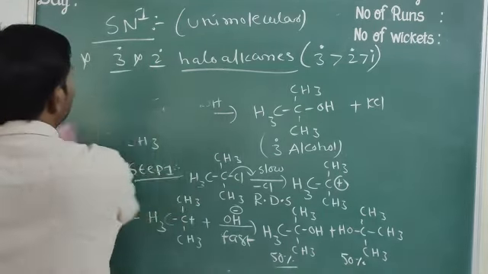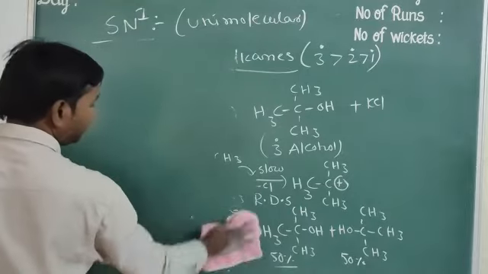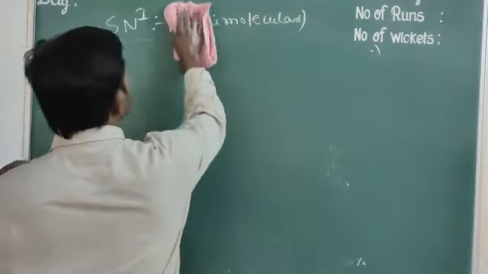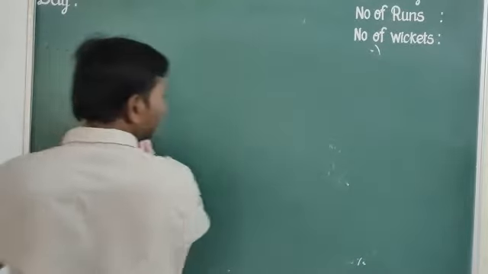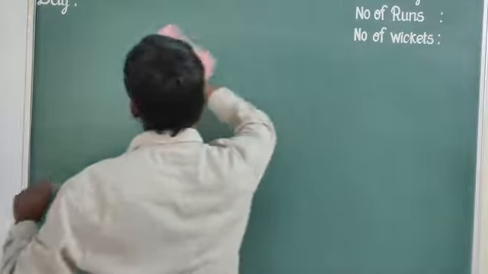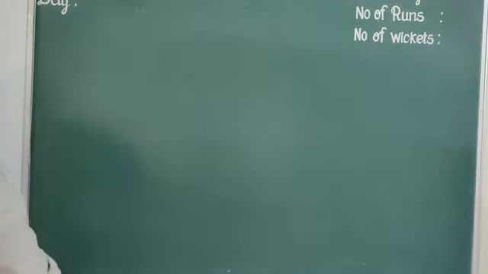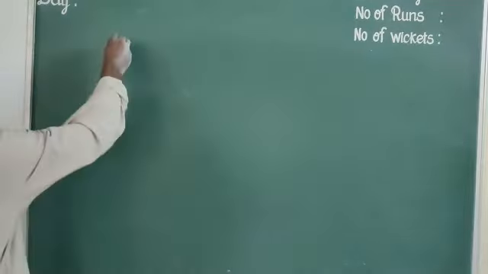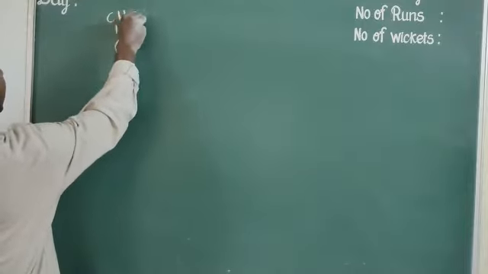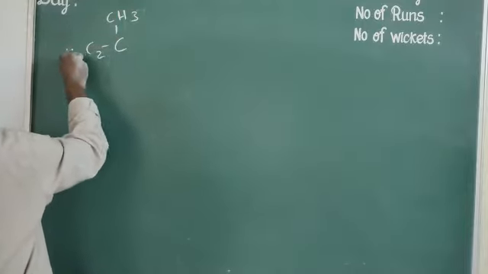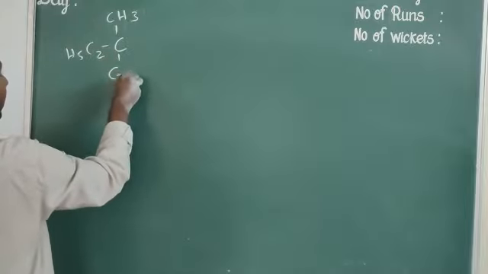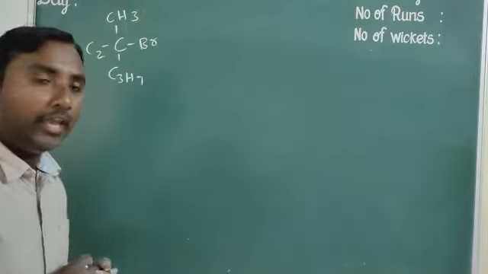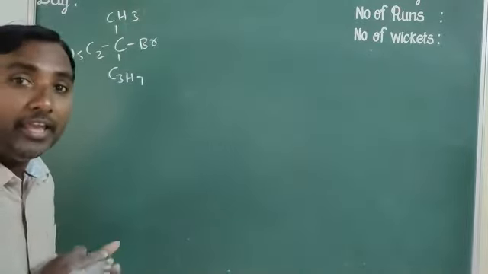Then, let us take a chiral carbon: CH3, C2H5, C3H7, Br. This is also a tertiary haloalkane, but with a chiral carbon. What is a chiral carbon?